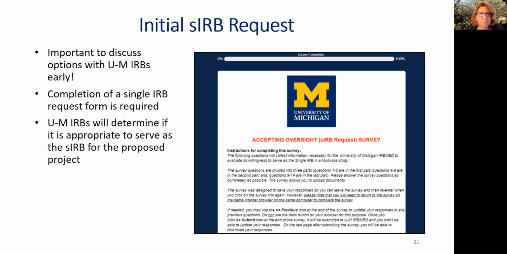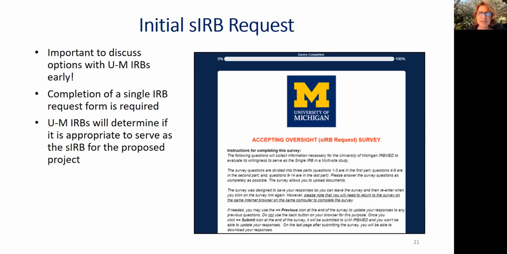So IRB HSBS and IRB Med are actually working together to create a consolidated approach. Right now we have slightly different procedures, so you can look forward to seeing more consolidation in case you work on both sides of the house with both IRBs.